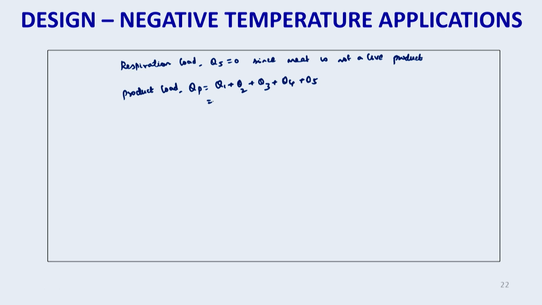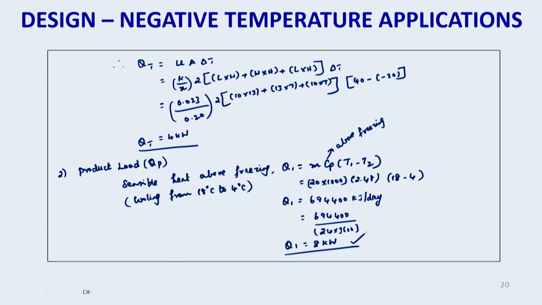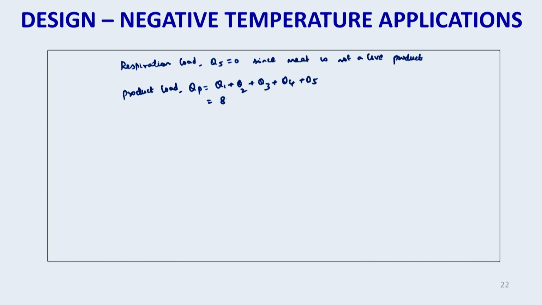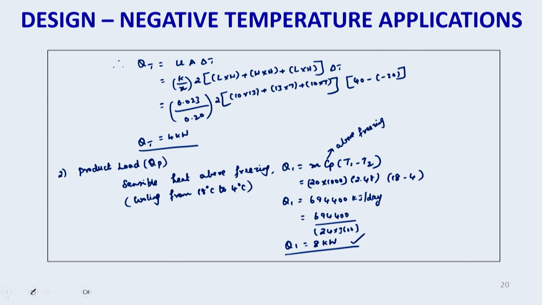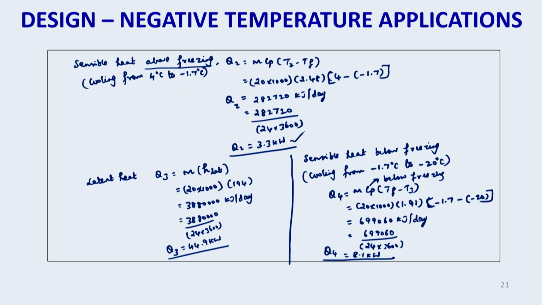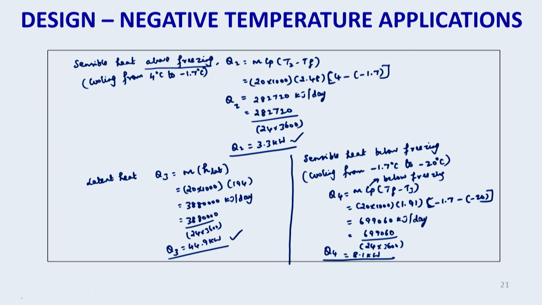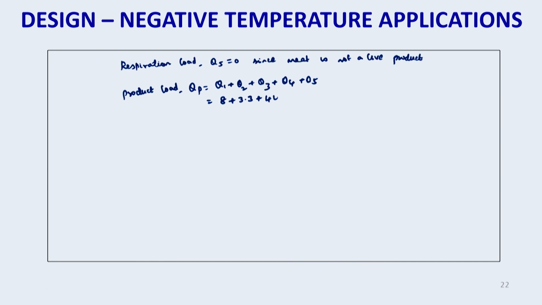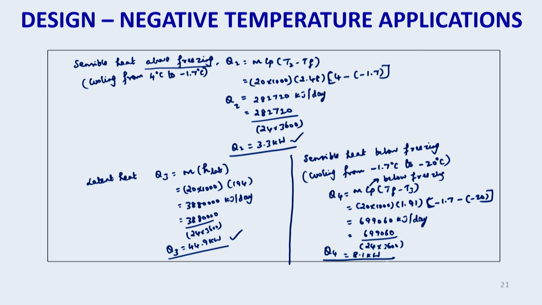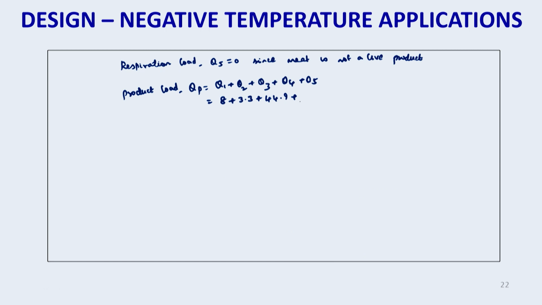Q1 is 8 kilowatt, Q2 is 3.3 kilowatt, Q3 is 44.9, Q4 is 8.1 and Q5 is 0.